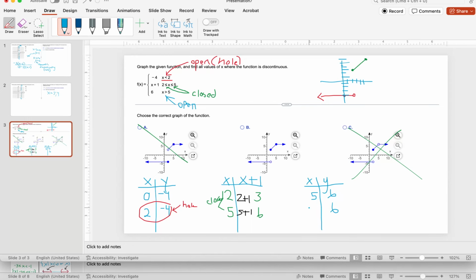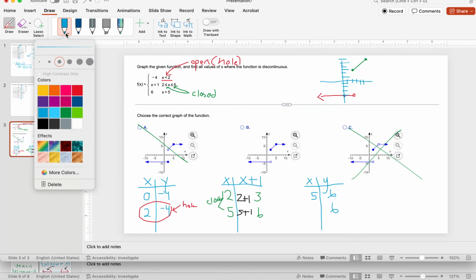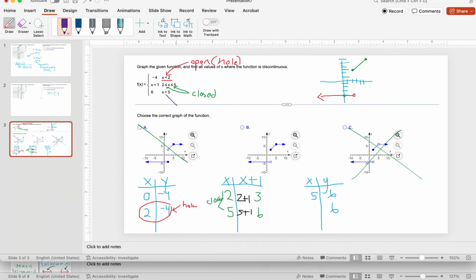And then make a little, you know what? Hold on. I'm going to be a little OCD because I think the coloring kind of helps on these problems. Let's do, what color do I want to do? Purple? We'll do purple. Okay, so this one is open. And that one is here.